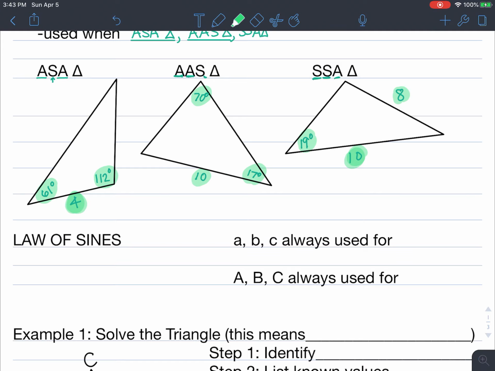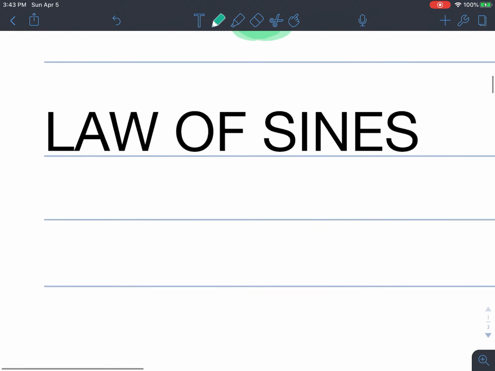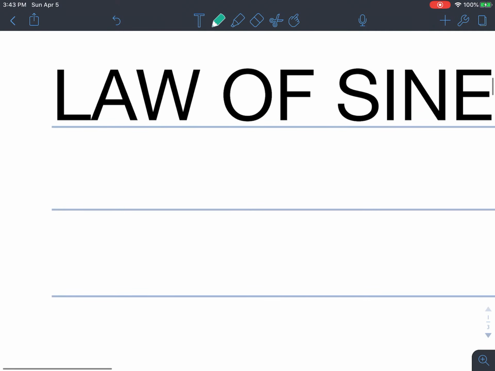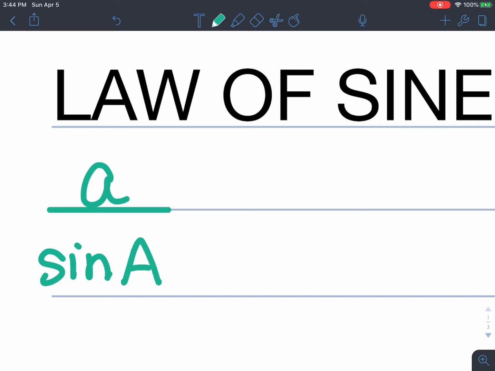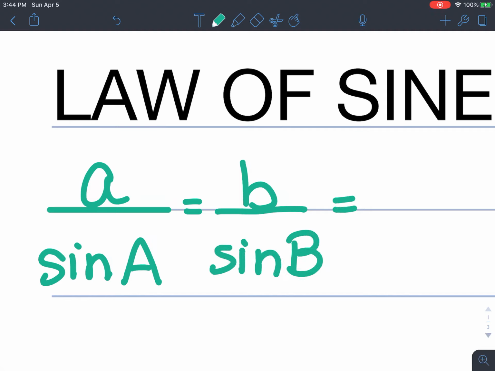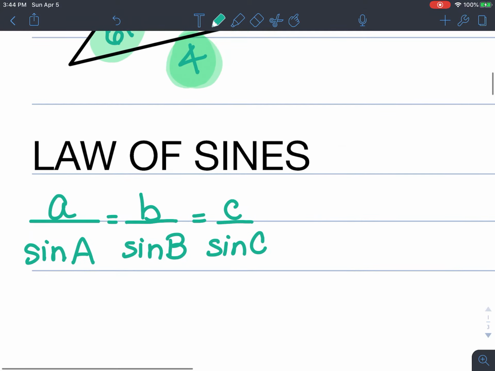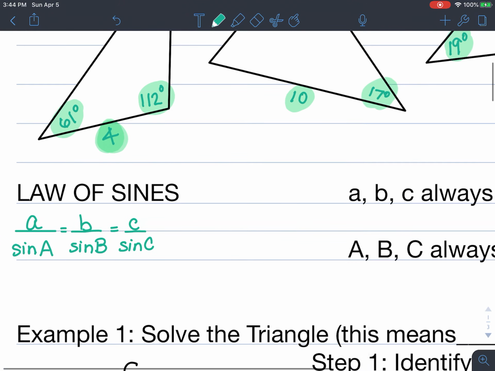Okay, so here is the law of sines. So let's get this written down. So little a over the sine of big A equals little b over the sine of big B equals little c over the sine of big C. Okay, so a couple of things here.